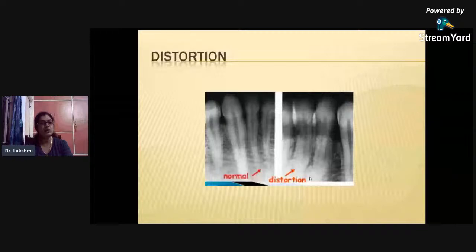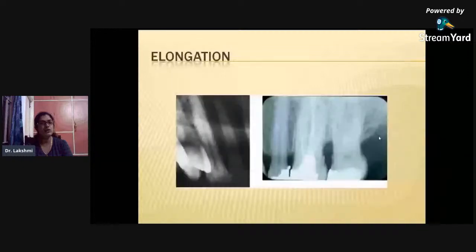So these are the distortion images. Here, if you bend the film to adjust to the anatomy of that particular area, a little excessive, then distorted images do result.